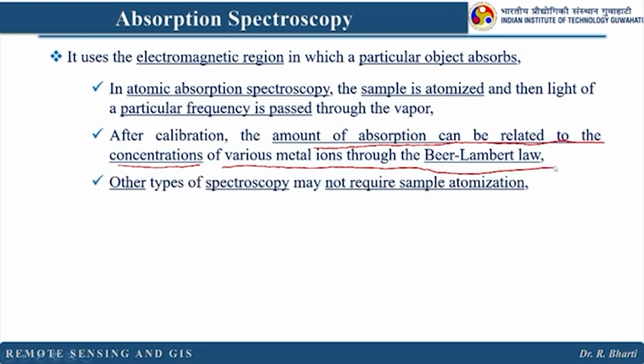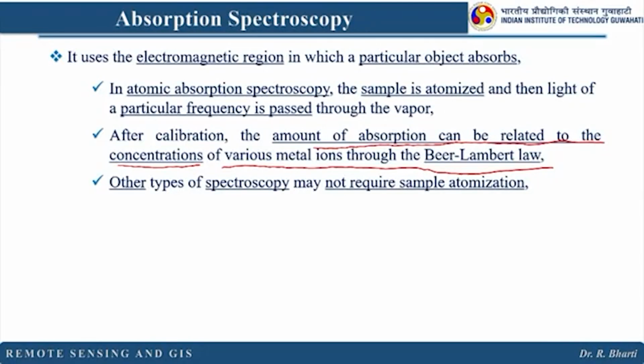Other types of spectroscopy may not require sample atomization because it depends on the instrument and the technique you are using. In atomic absorption spectroscopy, the sample is atomized, right. So, it will reach a higher state and then come back to a lower state.